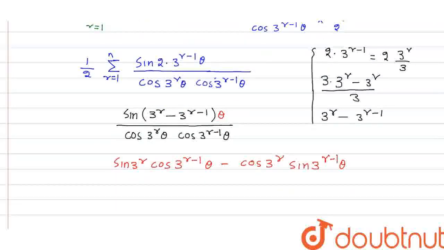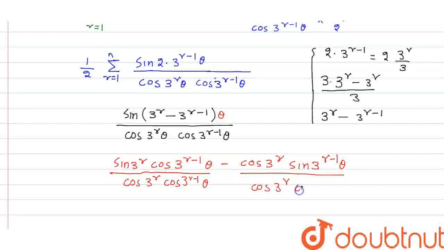Let's split this: it is the same as cos 3^(r minus 1) theta. So this whole thing will be cancelled out, and this thing is also cancelled out.